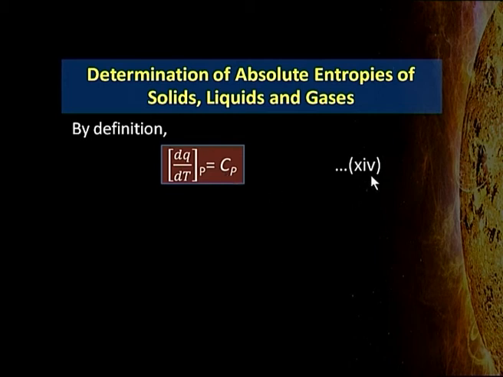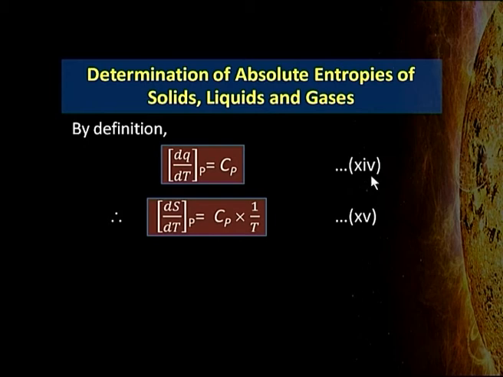This is equation number 14. Therefore, dS by dT at constant pressure is equal to Cp multiplied by 1 by T. This is equation number 15.